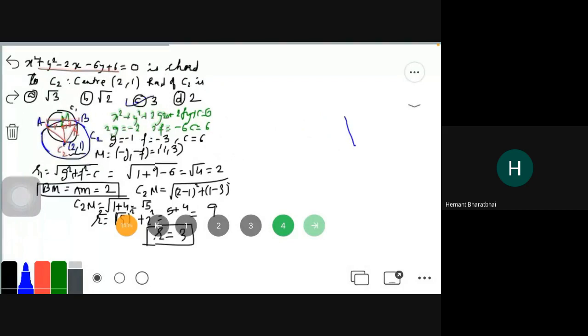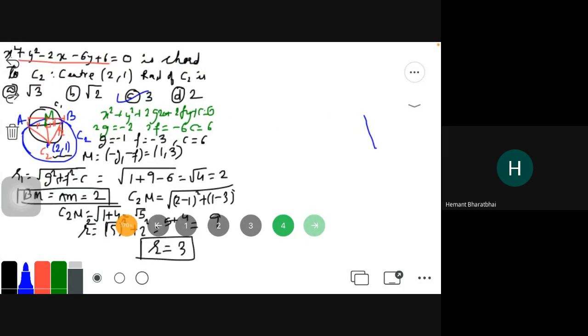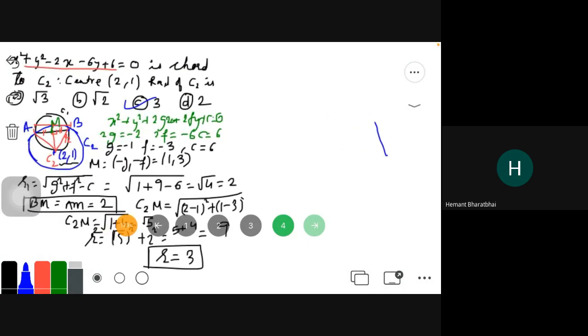I hope everyone has understood. This was asked in the year 2004. This is a JEE example. Please take the screenshot of this.